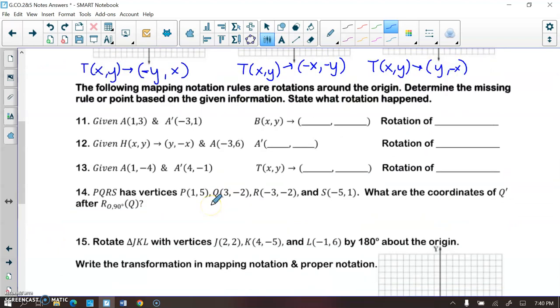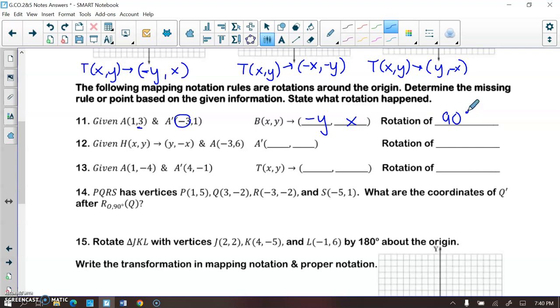problems. So for number 11, what happened was my x and y values flipped around, but my y value became the opposite sign. So my rule is (x, y) → (-y, x), which we learned is a rotation of 90 degrees.